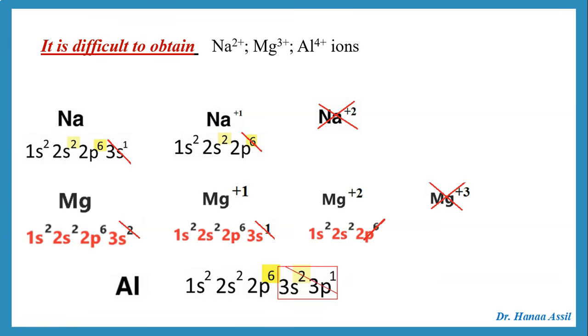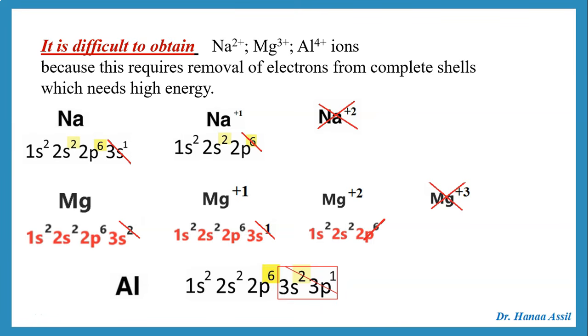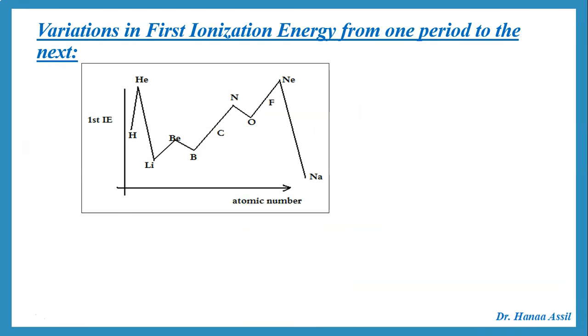But if I try to have a fourth ionization energy, then I'm trying to remove an electron from an inner complete shell, and this will need much more energy. So I will have a huge jump between the third and the fourth ionization energies.